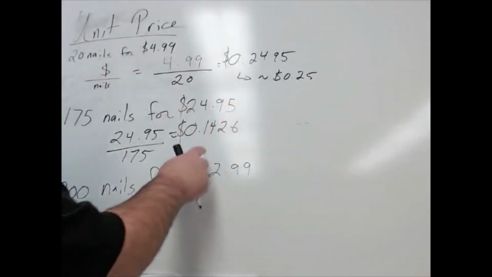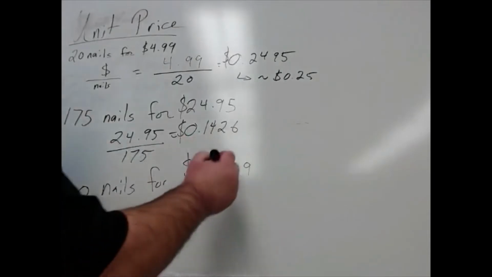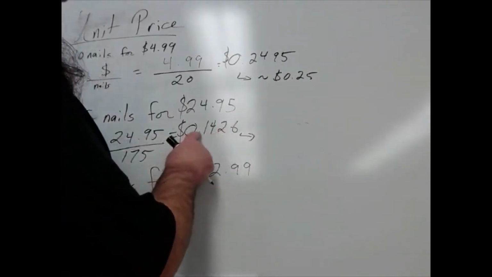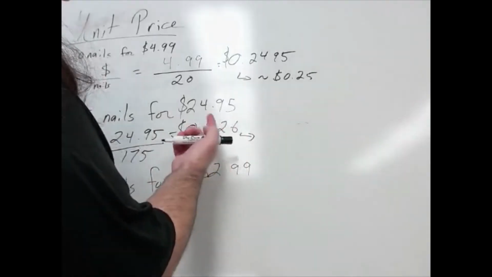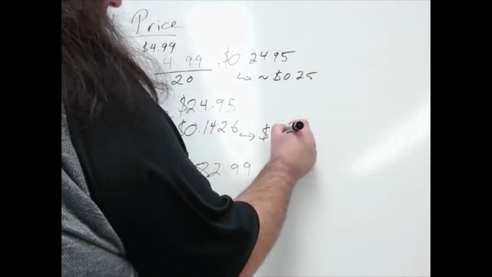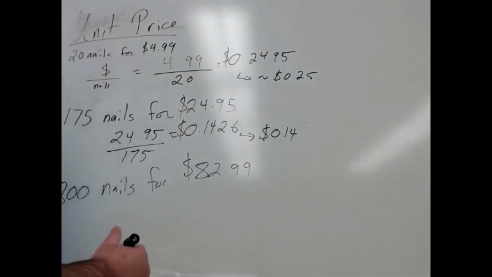It actually comes out to 0.14257, but since the 7 is greater than 5, it rounds the 5 up to a 6. If I round this to 2 decimal places, the 2 is not 5 or greater, so this stays as 0.14, or 14 cents. So each nail is about 14 cents.